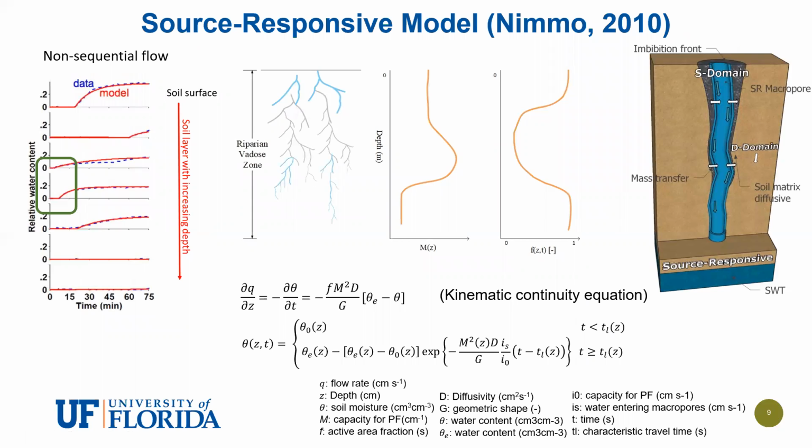The soil responsive model was developed by Nimmo in 2010. The traditional representative elementary volume approach given by Richards' equation assumes a sequential advance of water. Unfortunately, this approach fails to predict the heterogeneous, non-sequential distribution of water flow seen in field experiments, both laterally and vertically.